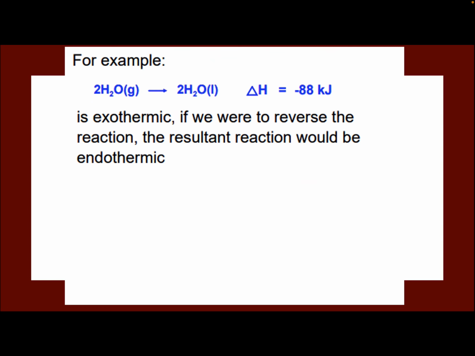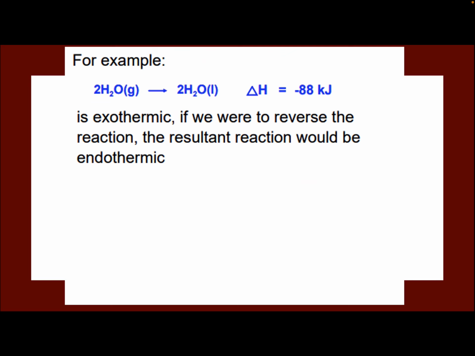Okay, so we're going to look at this example together just to get a better understanding of what is going on. Hess's Law looks at endothermic and exothermic reactions. In this situation, this reaction is exothermic. If we were to reverse the reaction, the resulting reaction would be endothermic.